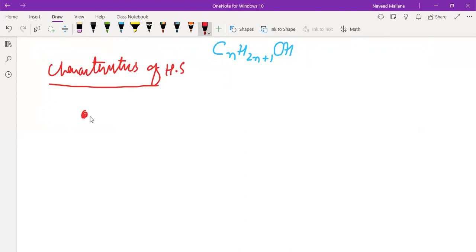Homologous series of any molecule will have same functional group. Next, you already know if the functional group is same, then chemical properties will also be same.